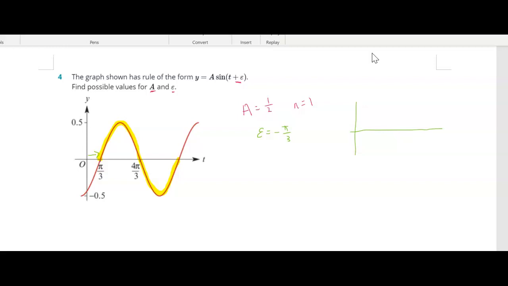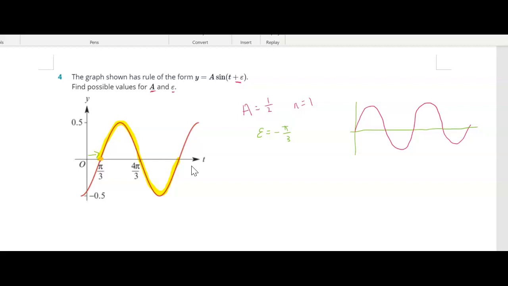So our basic sine graph, I'm going to just draw it. I'm going to do 2 periods. Very poorly drawn graph, but basically this point here at pi on 3, it could move to the right, pi on 3, so that's why it's negative pi on 3.